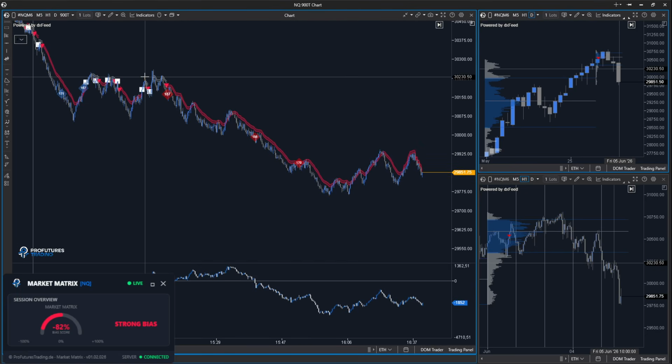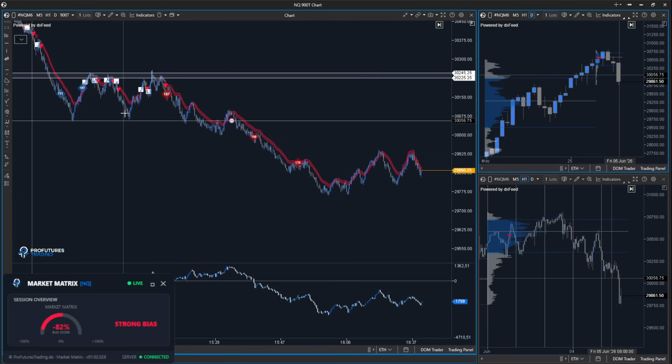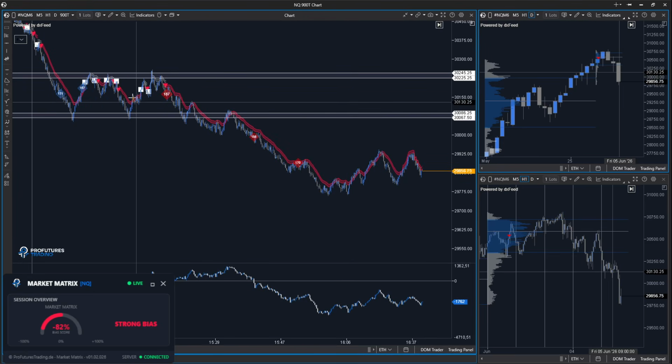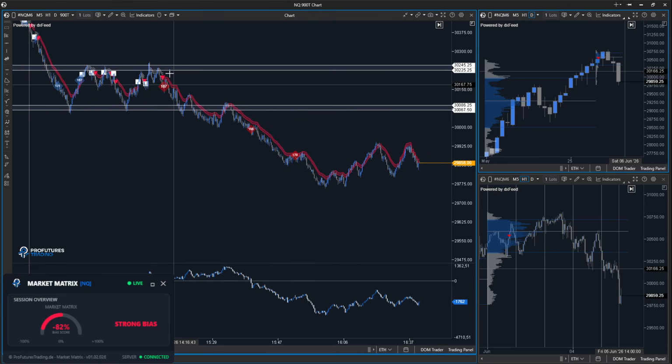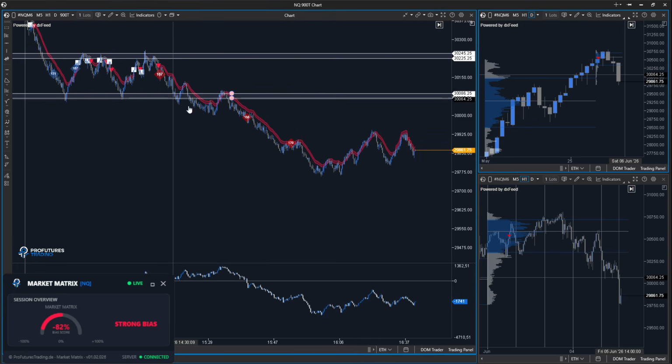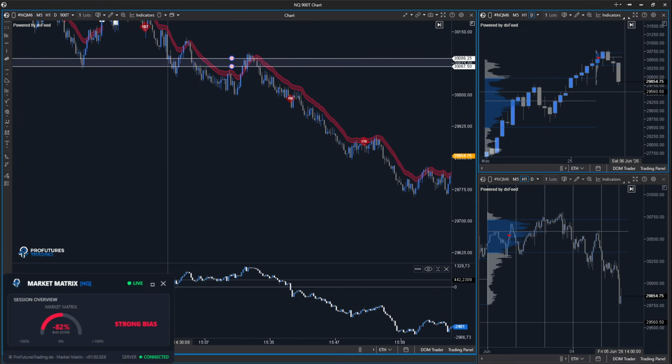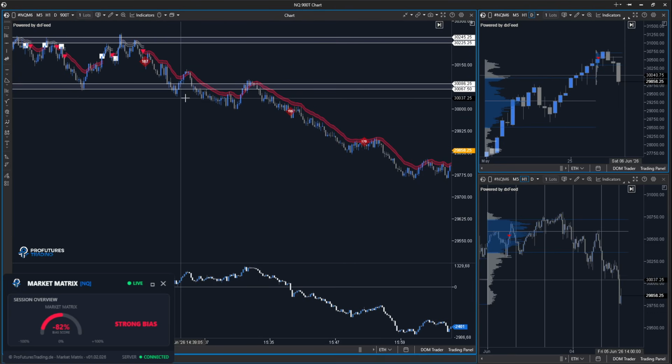So I basically would do this and this, the high and the low of the accumulation zone, and then when these accumulation zones get broken, you can try to short here. You have to consider, okay, is the CVD also showing me interesting signs of aggressive sellers or not?